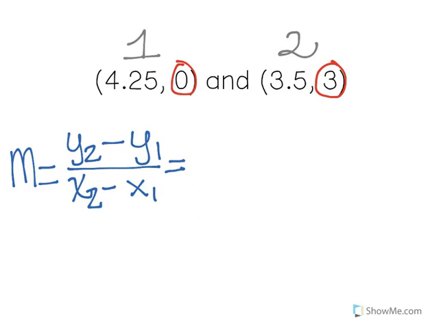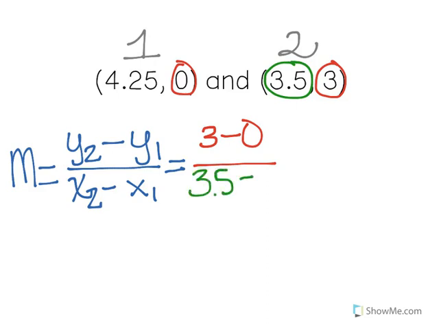So this means that I'm going to take my second y, which is 3, take away 0, and then divide by my second x, 3.5 minus 4 and 25/100.